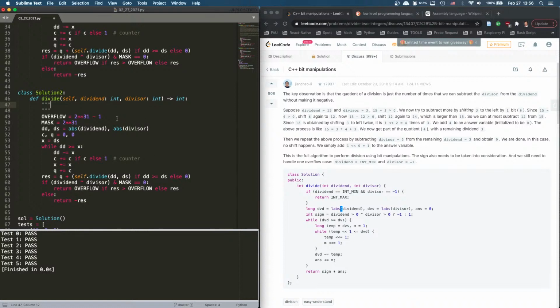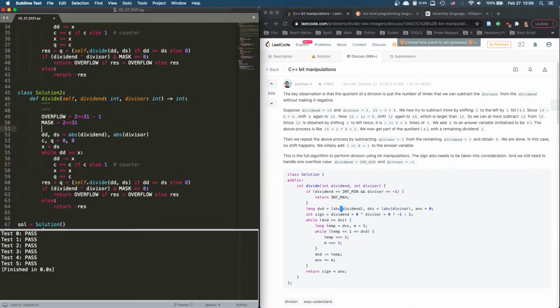Alright, so 2 things. We have overflow and mask. So these can be done at the beginning, right? Which means we're just going to do it at the beginning. Should we do it at the beginning or at the end?